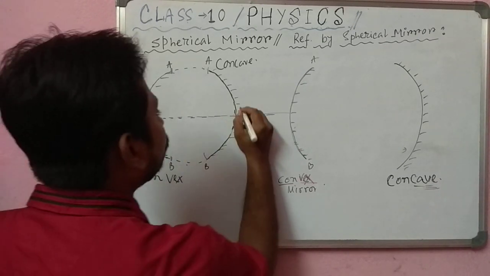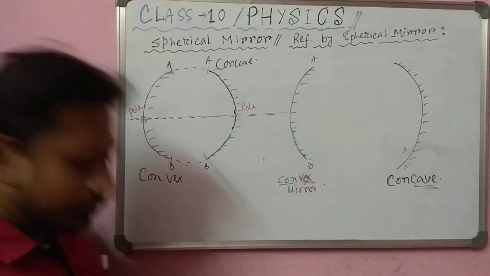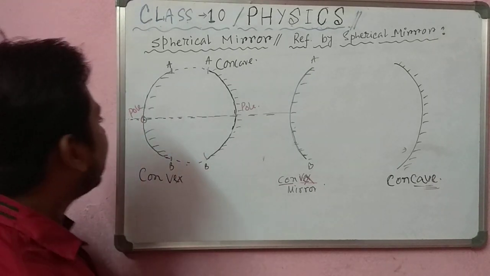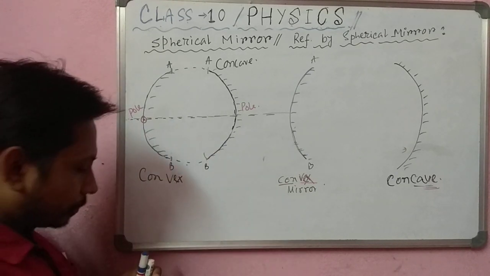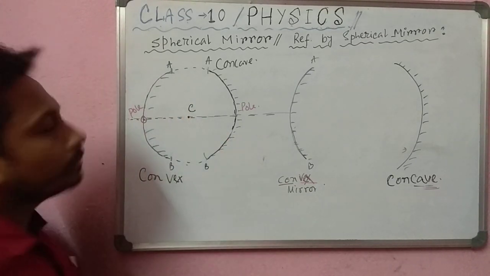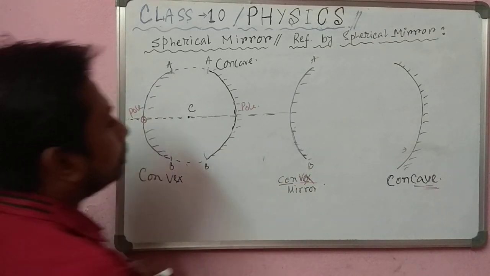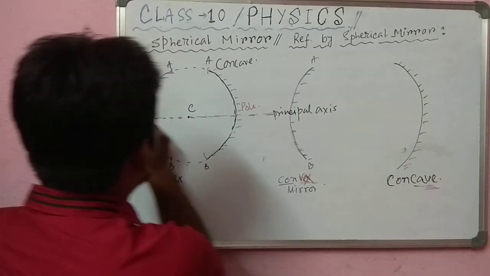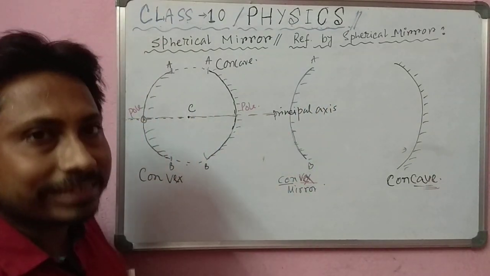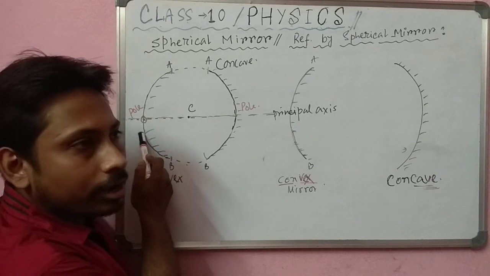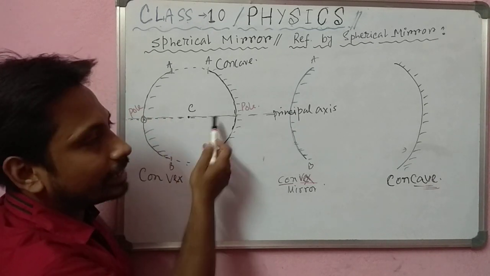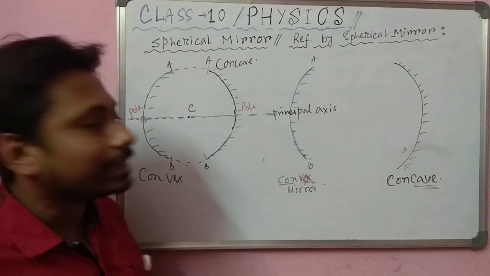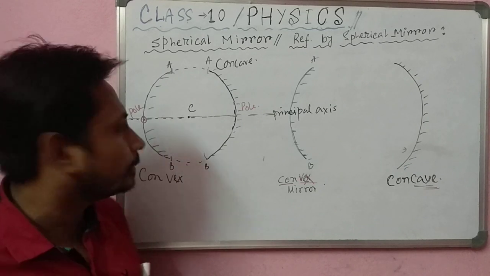Pole is the geometrical center of the mirror, and the line that passes through the pole and the center of the sphere is called the principal axis. So students, this axis is called the principal axis, passing through the pole, the center of curvature, or the focus.